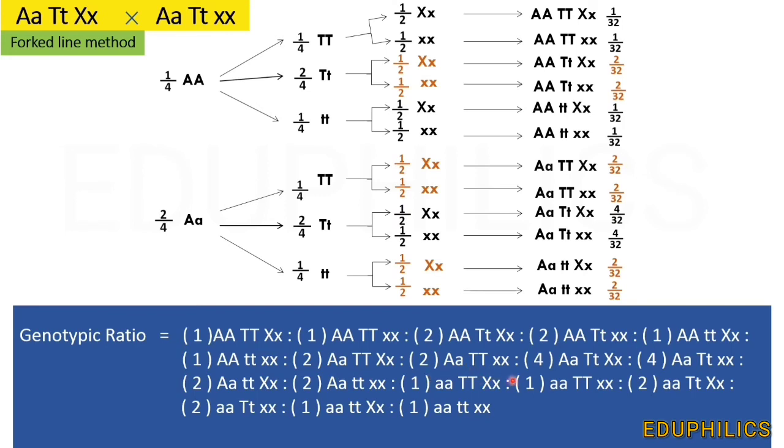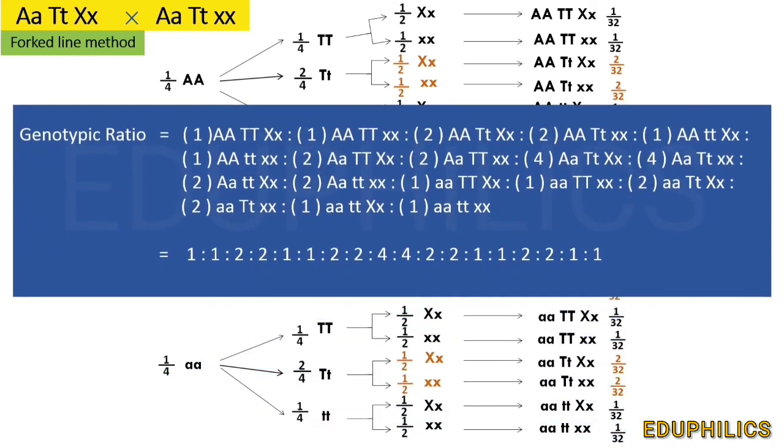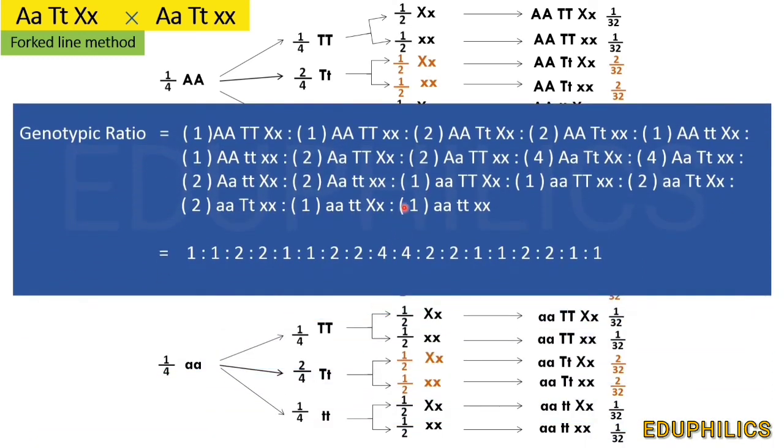And the next one, and so on, till here. And this one, small a combinations, small a, capital T, capital X, small x occurs at a probability of 1 by 32. The genotypic ratio among progeny of this cross is this.